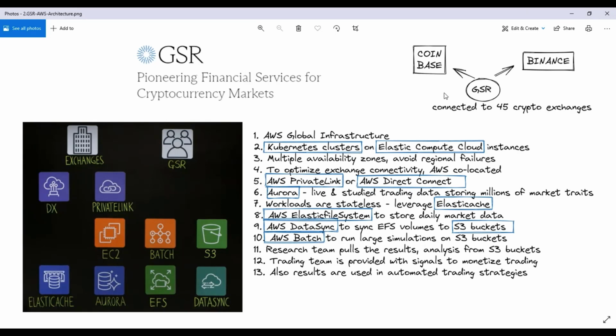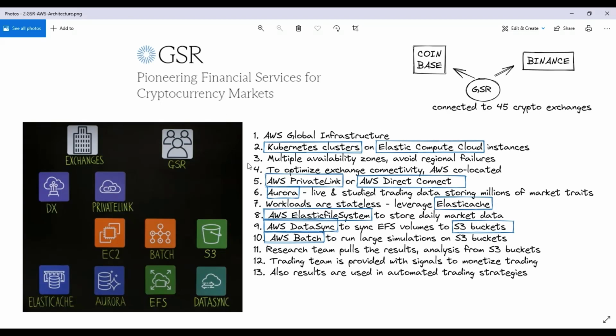It is all about connecting their VPC to GSR's VPC, which is when they use AWS PrivateLink. Let's assume there is a cryptocurrency exchange in a particular region, but they do not use AWS. In that case, AWS Direct Connect will provide fast and reliable connectivity from the data center of the cryptocurrency exchange to the particular AWS instance in that region.